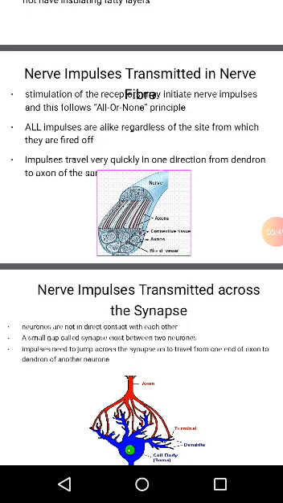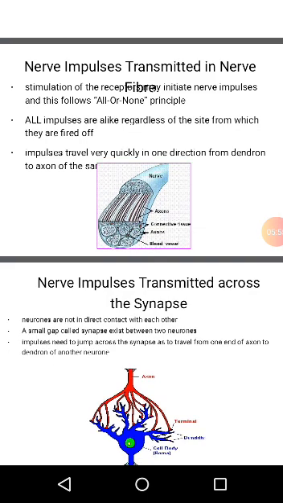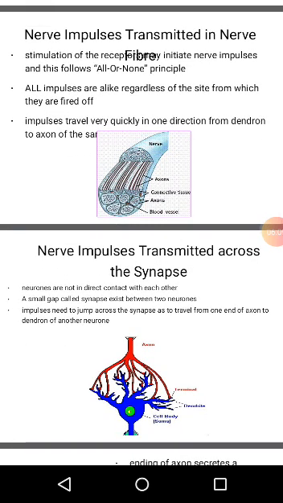Stimulation of the receptors initiates the nerve impulse, and this follows the all-or-none principle. All impulses are alike regardless of the site from which they are fired off, meaning from which they are taken in. The impulses travel quickly in one direction, from dendrons to the axon, in the same path.